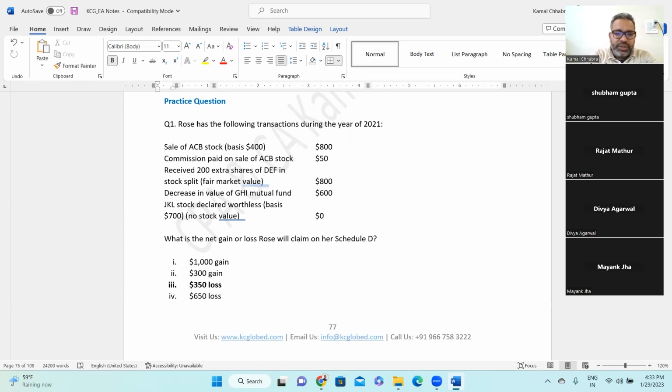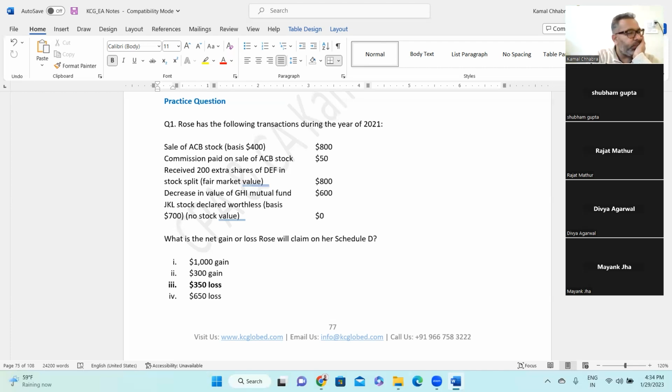Decrease in the value of GHI mutual fund $600. JKL stock declared worthless, basis $700. Now its value is 0. What is the net gain or loss Rose will claim in Schedule D?